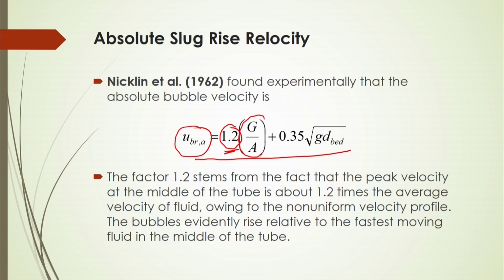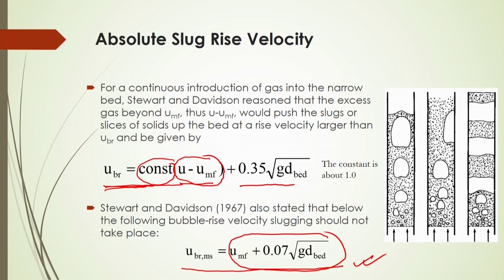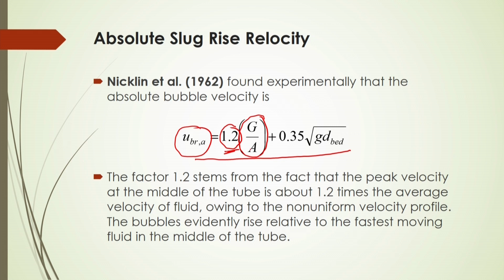This G by A is nothing but the fluid velocity, whereas in that case U minus UMF is the effective fluid velocity, just beyond the minimum fluidization velocity. Here also the gas flow rate by cross sectional area is called the fluid velocity, plus 0.35 into root over g d bed.